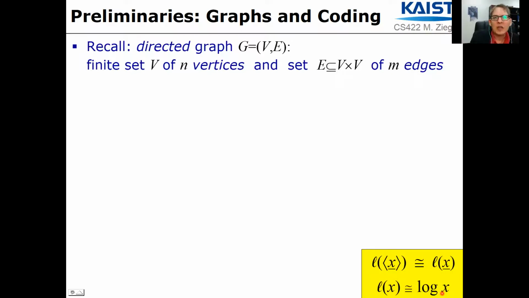But in our polynomial setting, first of all, let me emphasize that there's a misuse of notation, because n both denotes the number of vertices of the graph and the binary length of the input, right?